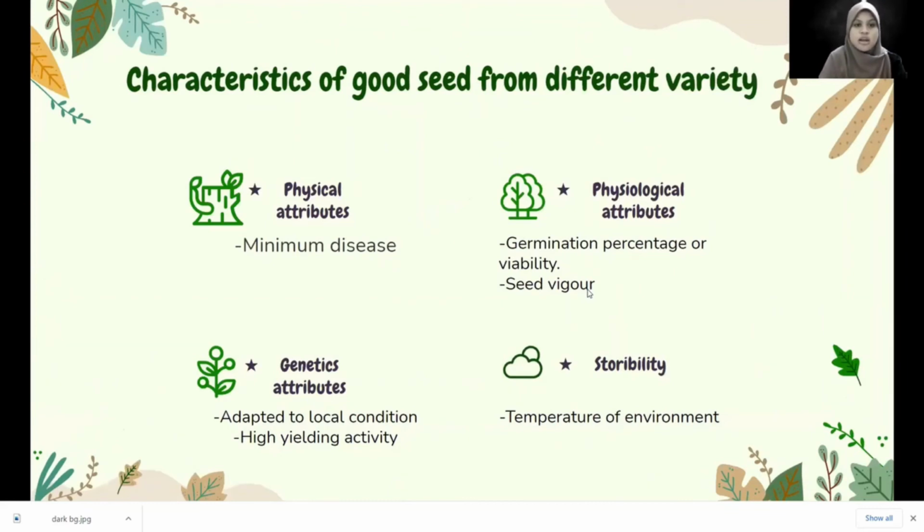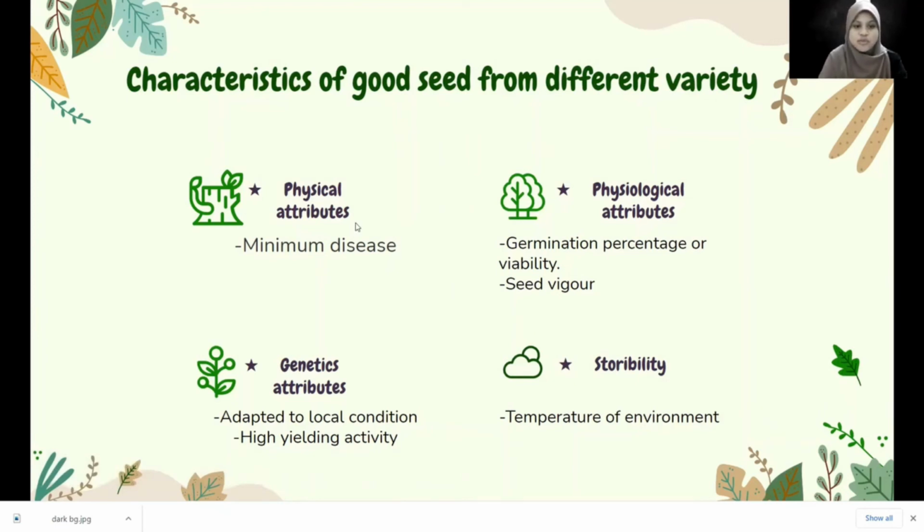From the previous interview video, you can see that we asked a question about how to develop good seed. So from there, we conclude that the characteristics of good seed from different varieties are 4: physical attributes, physiological attributes, genetic attributes, and storability.